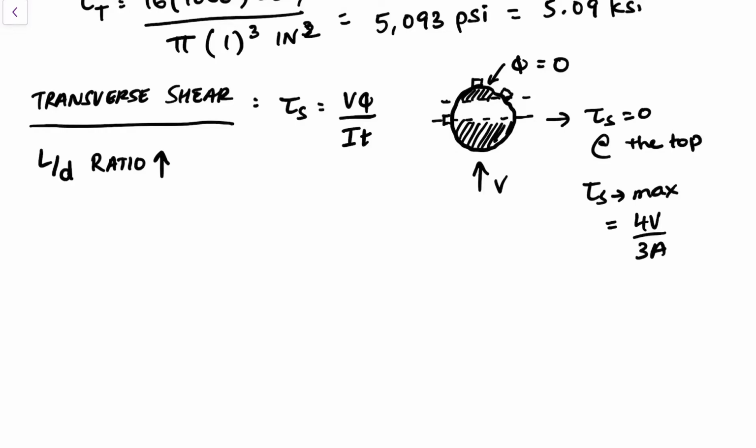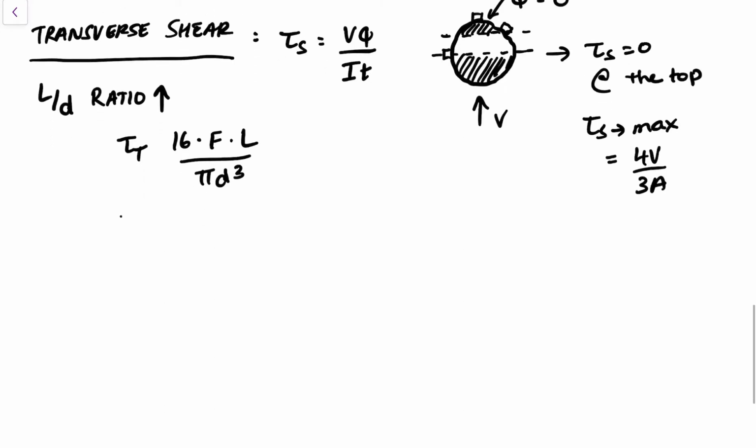then let's look at what tau S looks like in comparison to tau T. So tau T was 16 times F times L over pi D cube, and tau S is 4V over 3A, right?